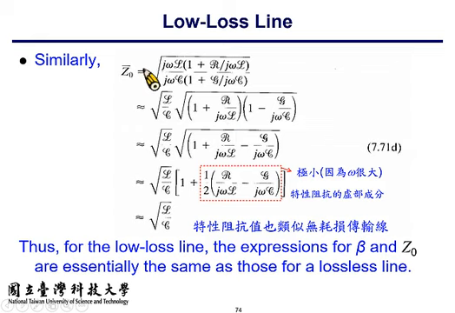You notice that the equal marks become approximate marks because we have taken the so-called small number approximation.